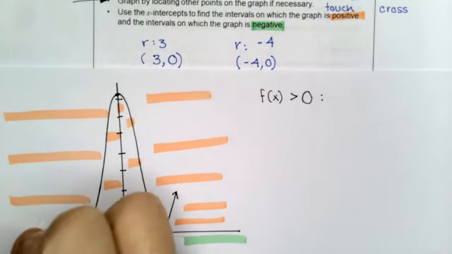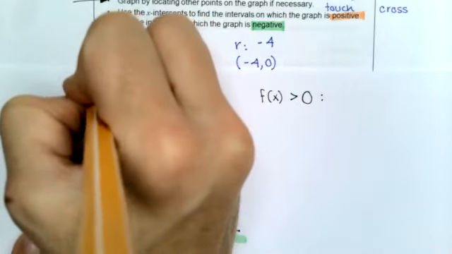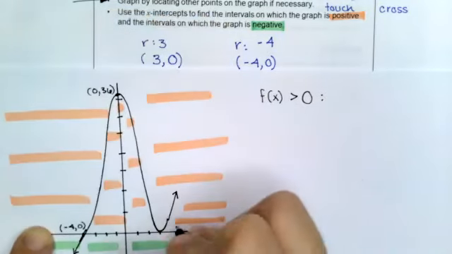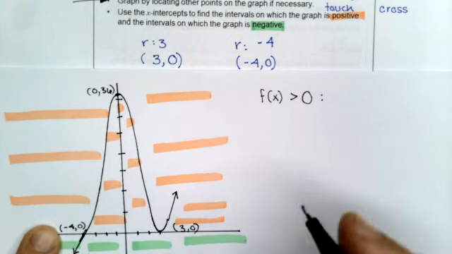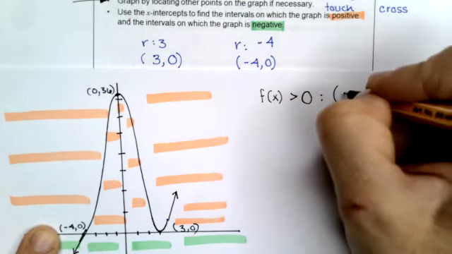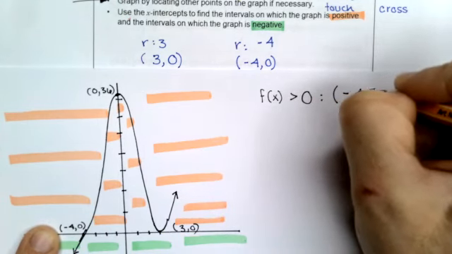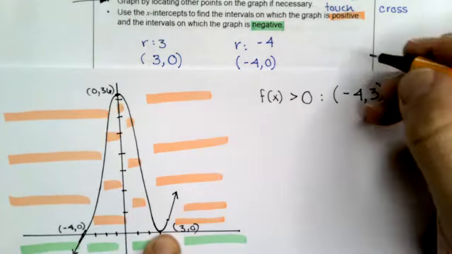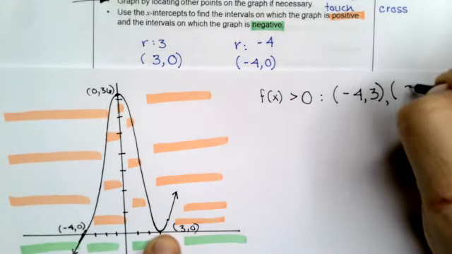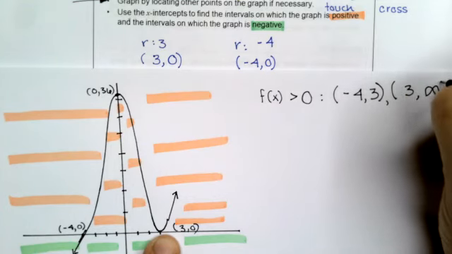From right here, which was -4, right? It's positive from -4 all the way to 3. It's not positive at 3 because at 3 it's equal to 0. And so it's going to be positive again from 3 to infinity.